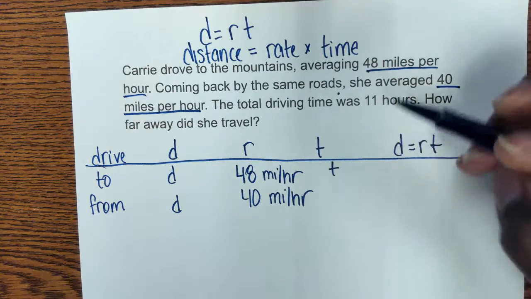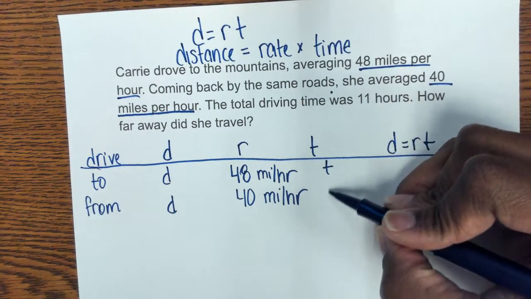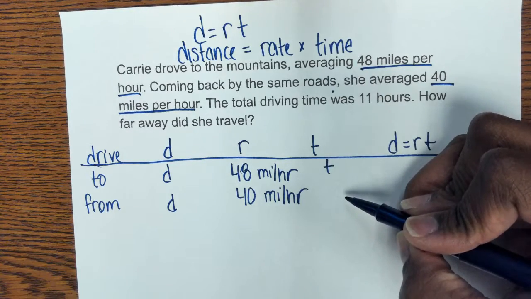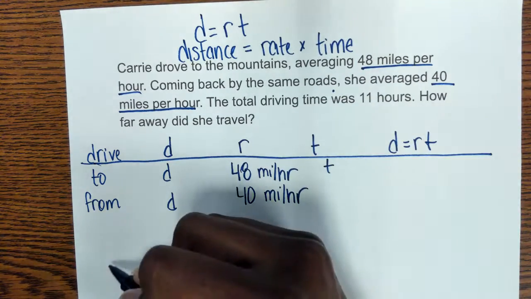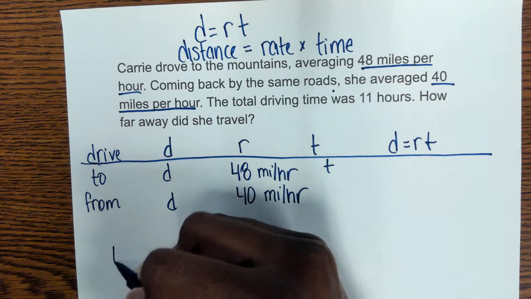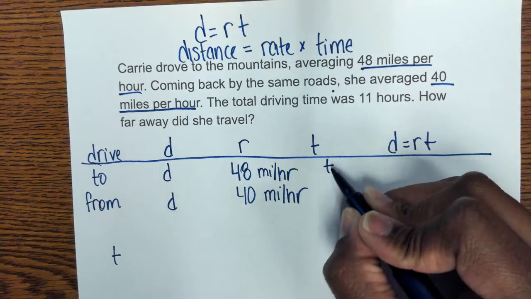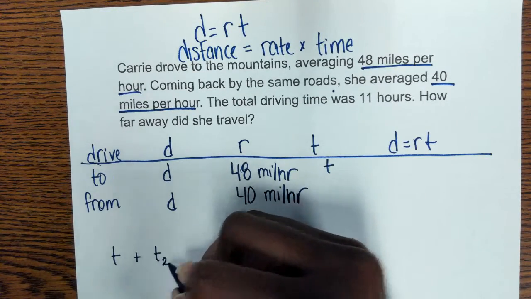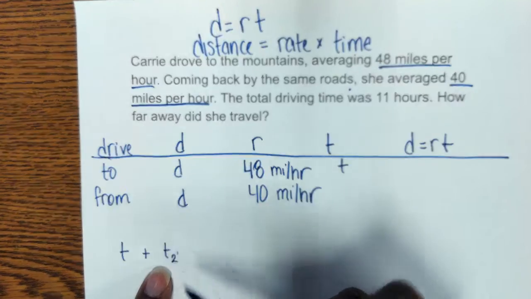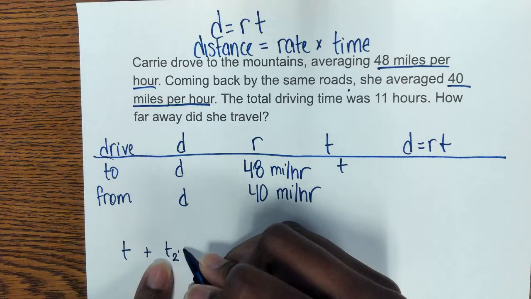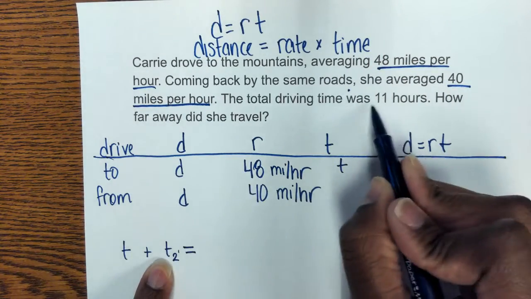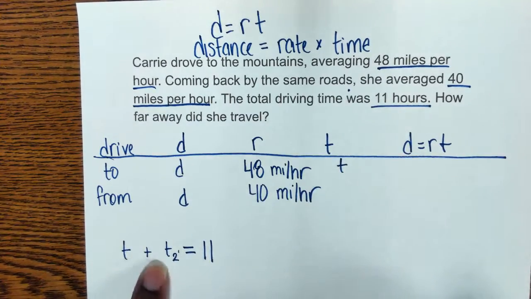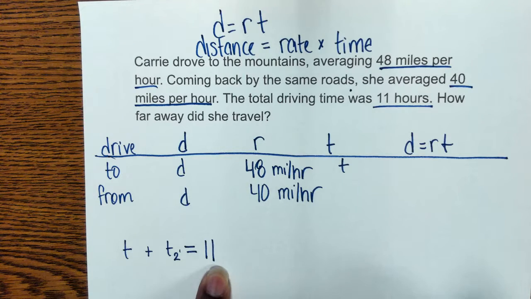But then we need to figure out how we can name the time that she spent coming from the mountains. How much time did she spend coming home from the mountains? Well, I know that the time going to, plus the time she spent coming home, which I'm going to call time 2 because it's the second drive, was 11 hours. So T plus T2 equals 11.